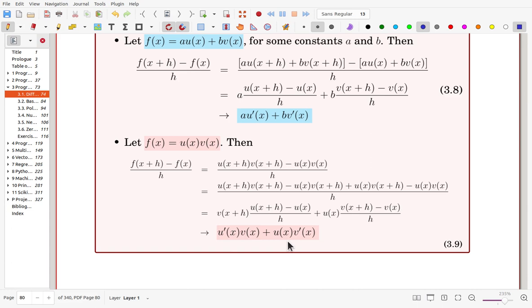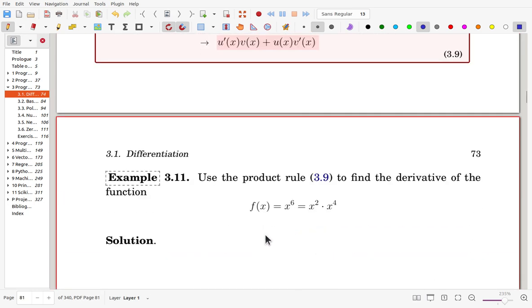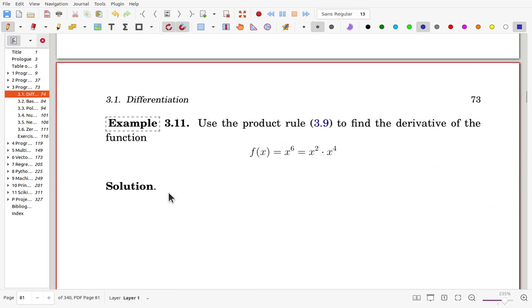So here we have a formula. The derivative of the product can be obtained by using this. One each time is differentiated, and here the multiples are added. That's the formula. Okay. Let's try to get the derivative of this function.